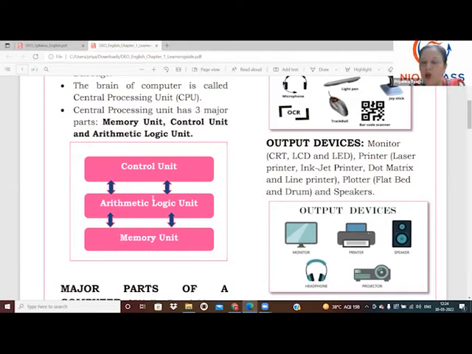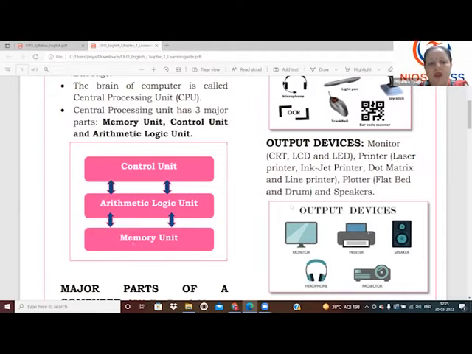So how can we take decisions on our own? With our brain, where we can think and store our information. Just like that, the computer can store its information with the help of the memory unit.